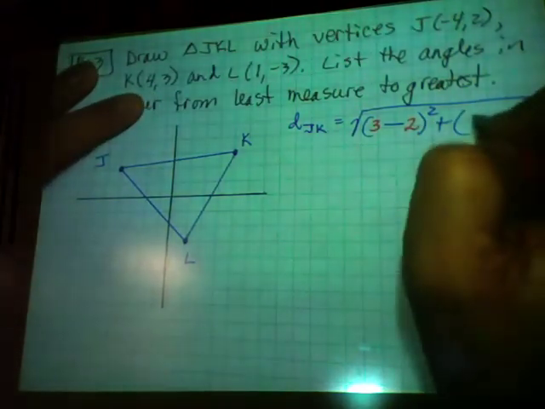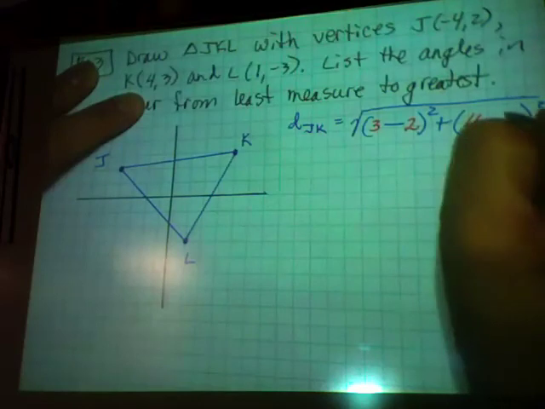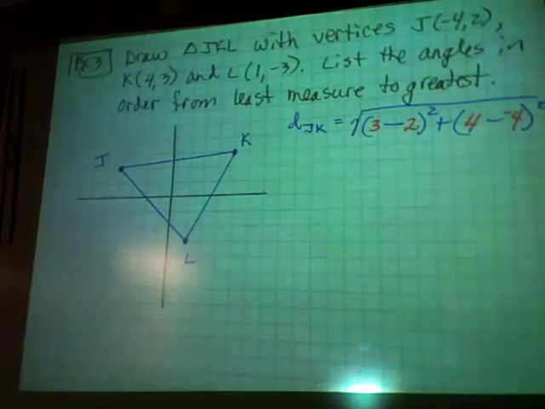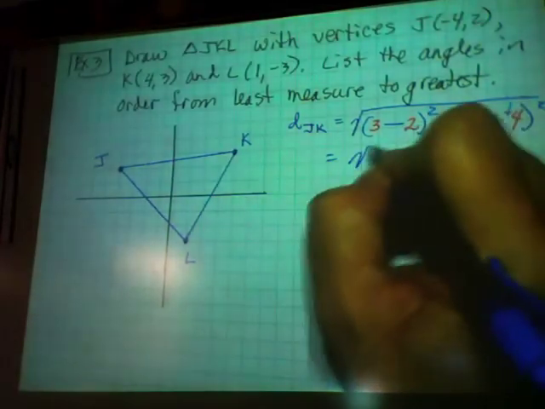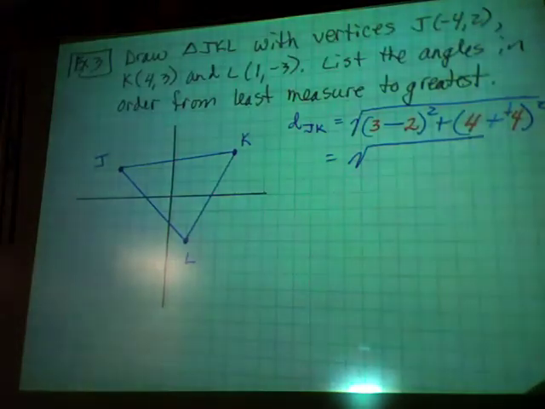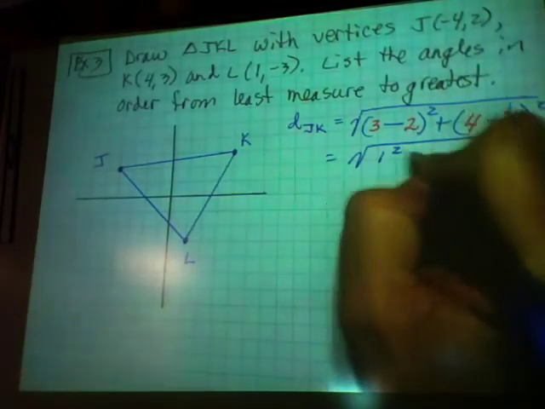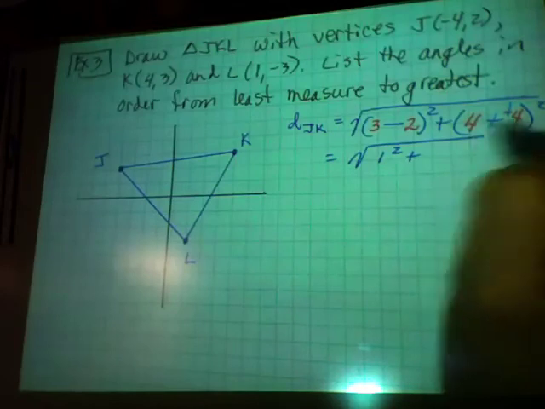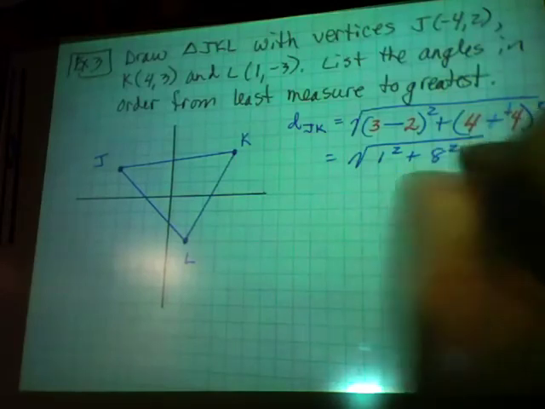Then I'm going to take the 4, which is the x, and subtract the other x, which is a negative 4. In some instances, like this one, you're going to have to add the opposite. So plus plus. And then don't drop off your radical, because then some of you forget to put it back in. So I've got 1 squared plus, this actually gives me an 8 squared.